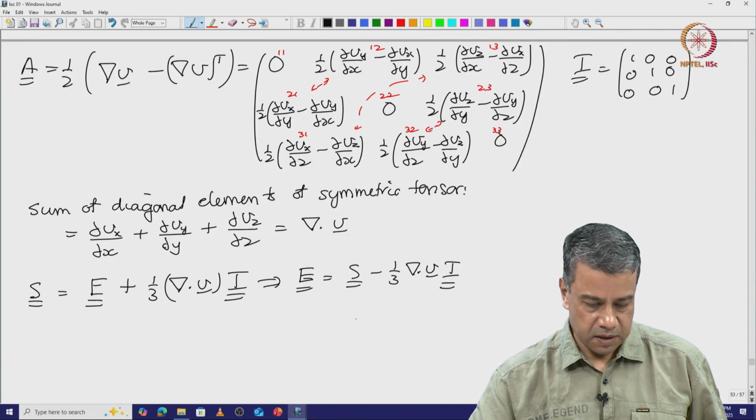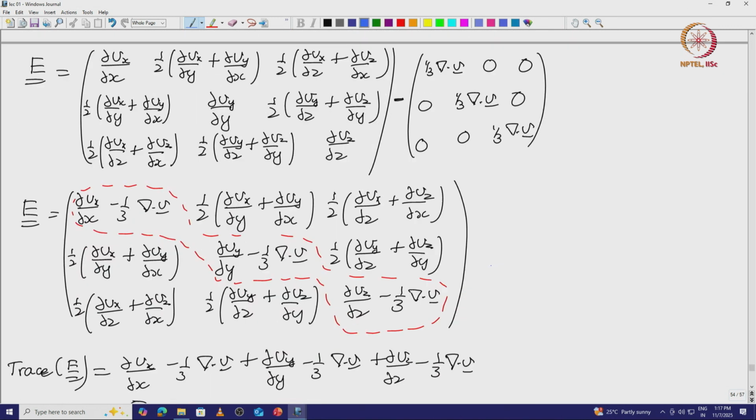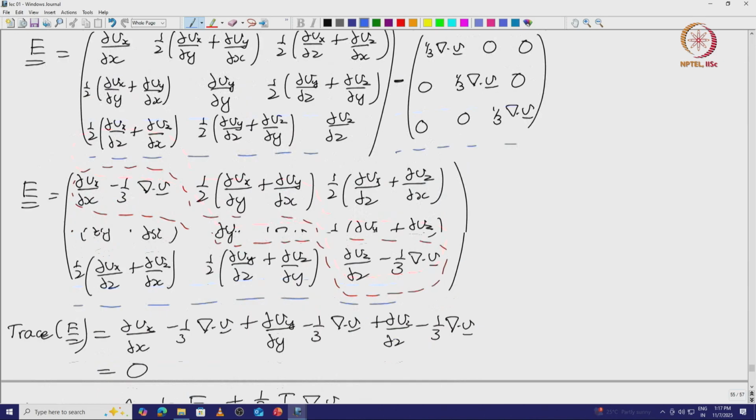So, the antisymmetric part has 0 diagonals and the off diagonals are negative of each other, as shown over here. For the symmetric traceless part, you take the symmetric part and subtract out 1/3 times the identity tensor times the divergence of the velocity, and this is what I get.